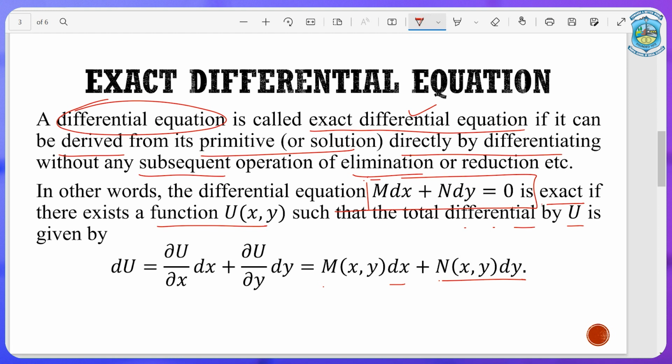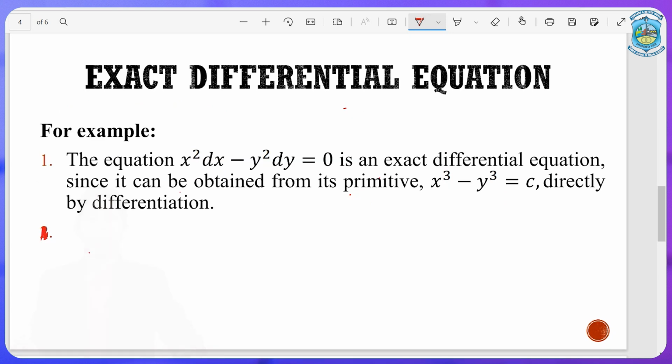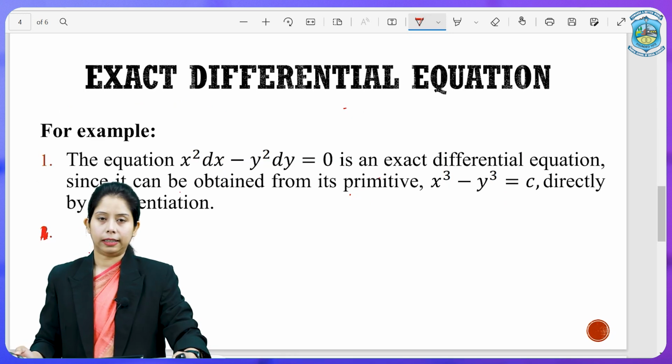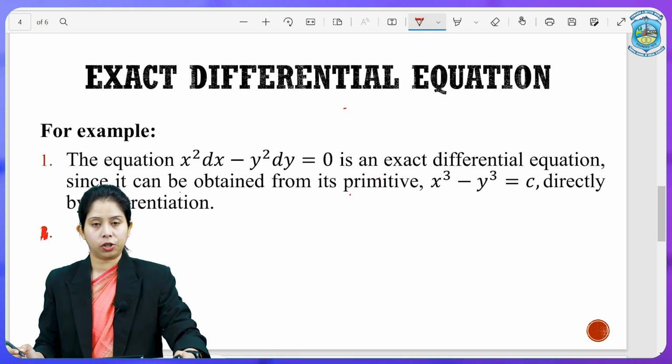So here we can say that a differential equation is exact if it can be derived from its solution without any other operation. Now let's have a look at an example of an exact differential equation.